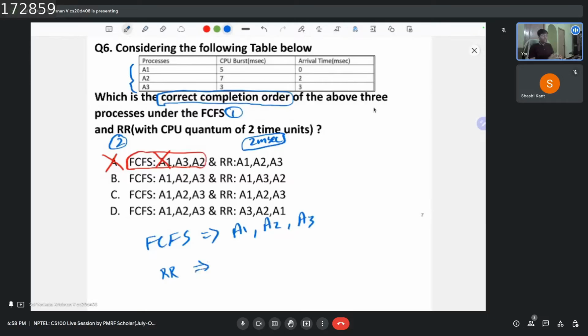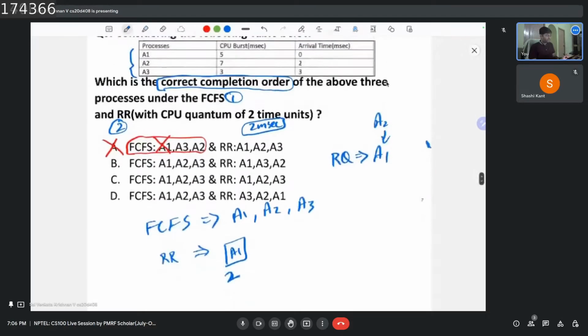So let us draw the Gantt chart, which would be easy to explain. The way round robin works is, first A1 is present in the ready queue based on its arrival time. So it executes, and by the time the time quantum of 2 finishes, A2 gets inserted into the ready queue, right?